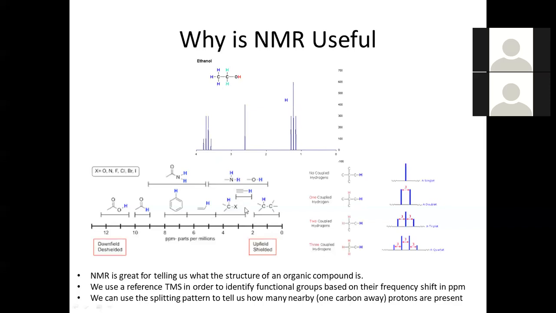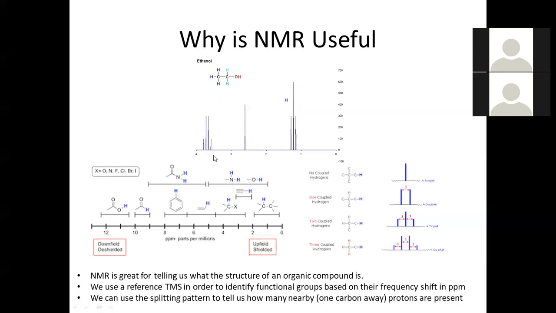Okay, so the next question is, well, this OH can also coincide with the other guy here, right? So which of these peaks is the OH, the alcohol hydrogen, and which is the CH2 hydrogens, right? And again, from before, we know that our CH2 has 3 nearest neighbor hydrogens, right? So we would expect it to have a quartet splitting pattern.